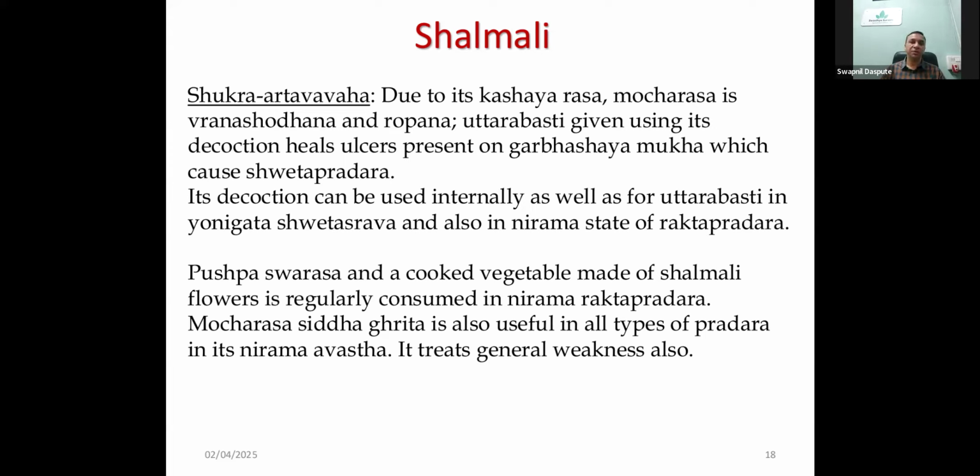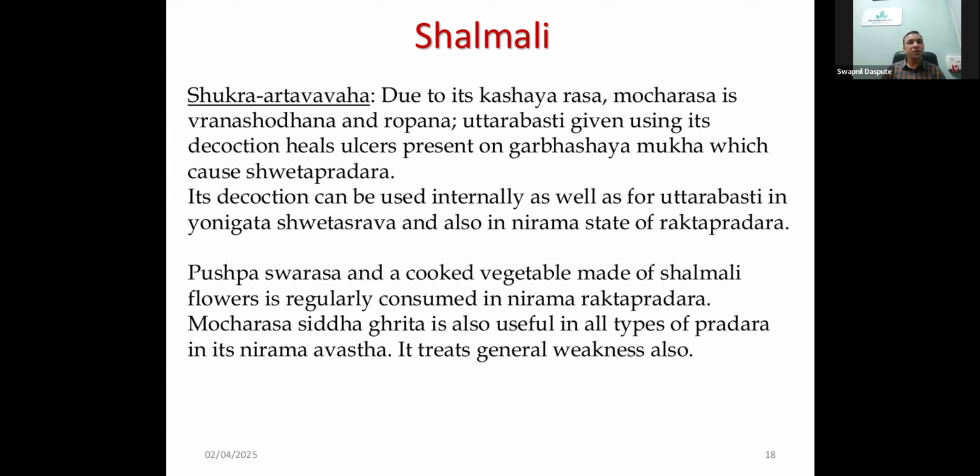So a patient who has menorrhagia, where the frequency of the menses is more, or even in regular cycles if the bleeding is more, fresh flowers of shalmali can be consumed. So the juice of it can be consumed, or it can be made into a vegetable and consumed like that as well.